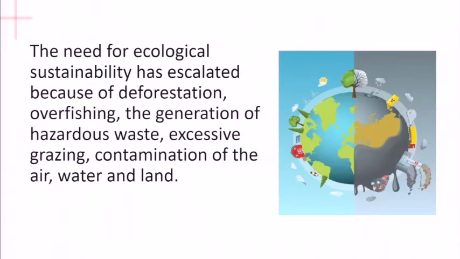The need for ecological sustainability has escalated in recent times because of deforestation, overfishing, generation of hazardous waste, excessive grazing by animals and cattle, contamination of land, air, water. Additionally, cases indicate how severely nature's rhythm has been disrupted because of diversity loss as well as climate change.